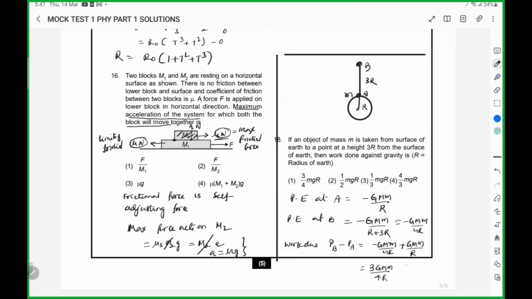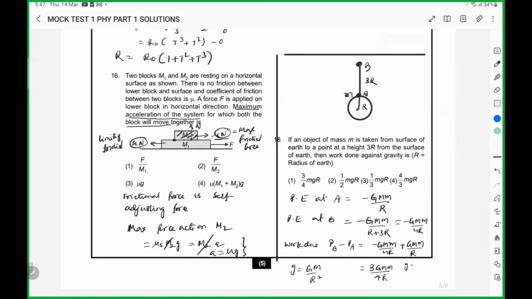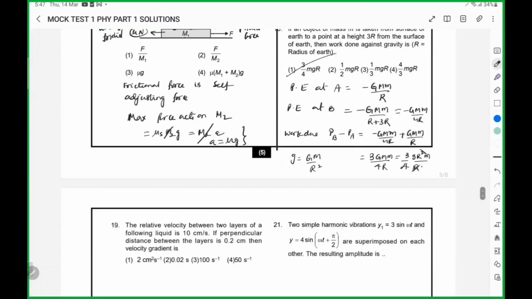We know that g is GM by R square, so it is gR square into m by 4R. It cancels. So 3 by 4 mgR.